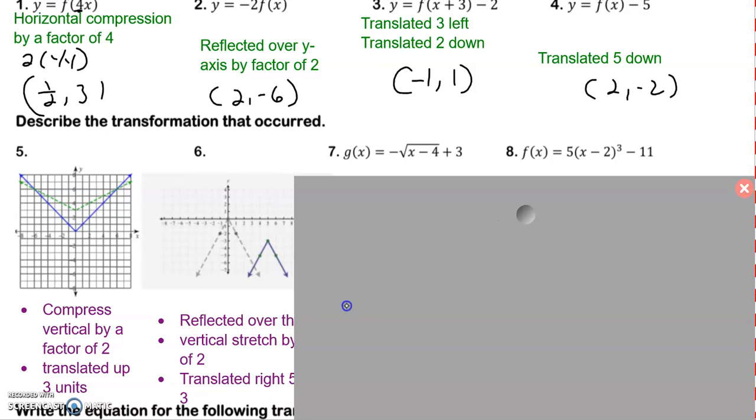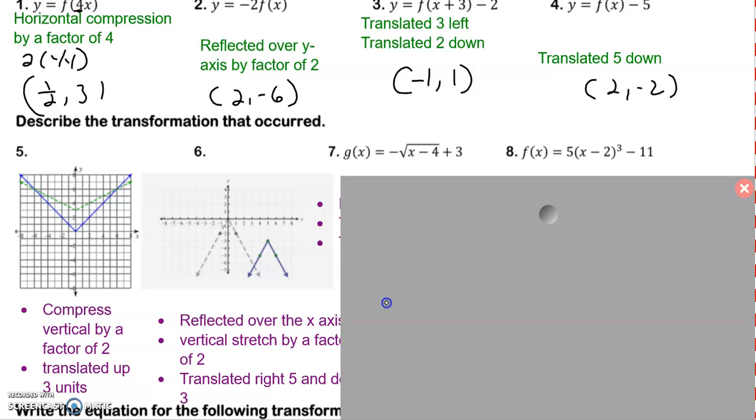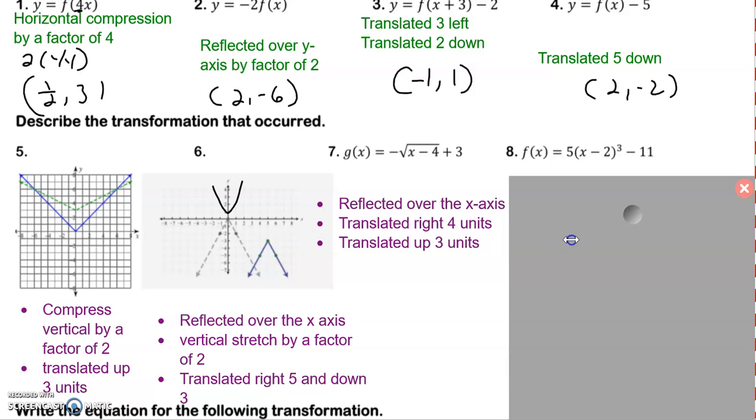This one, I know that I had to reflect over the x-axis from the original. Now remember, this is here, and then I reflect. I stretched it by a factor of 2, and then I translated 5 right and 3 down. And the next one, I reflected, and I can tell that by a negative. I reflected over the x-axis.